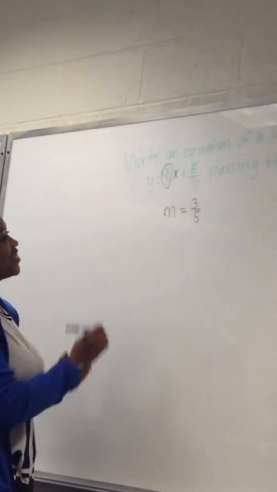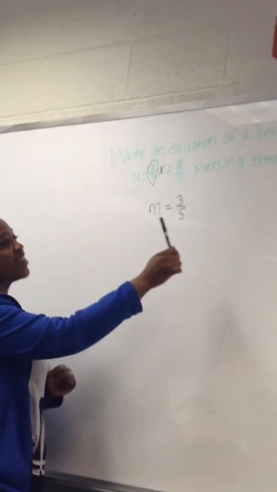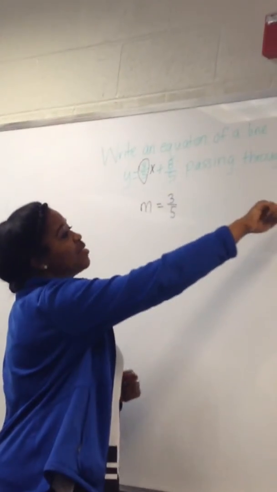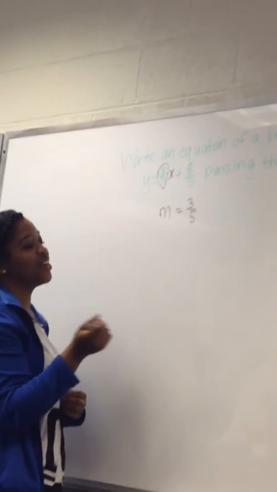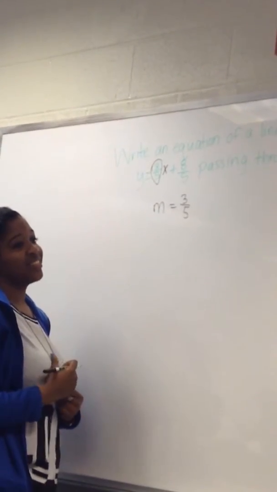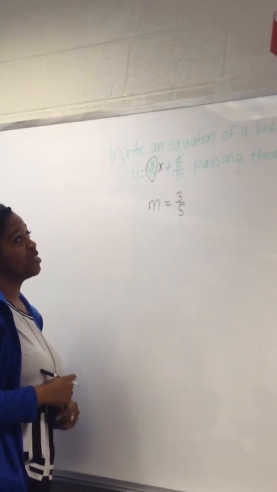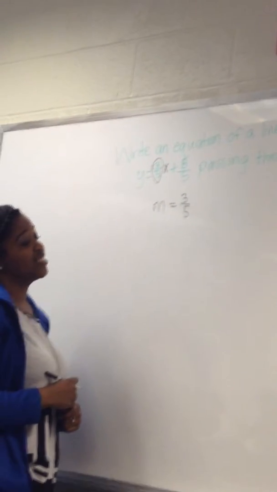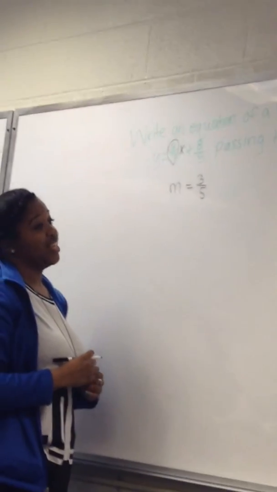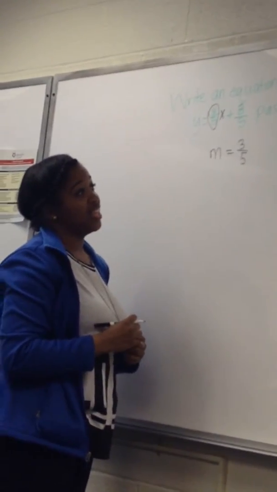Now that we have our slope and we have the point, now we have to solve. When you say we have to solve, what do you mean? Solve for b. If you know the slope and you know b, you can always write the equation of a line.